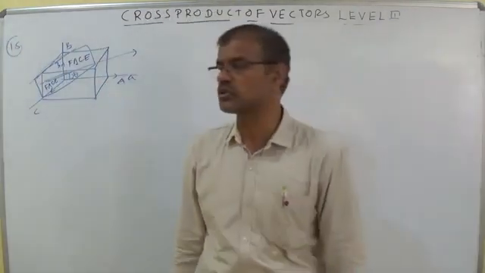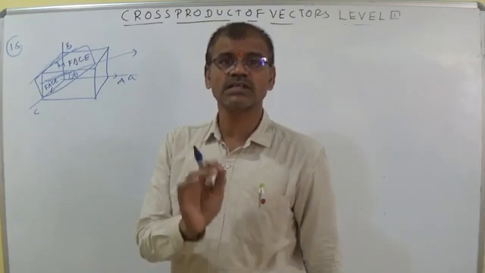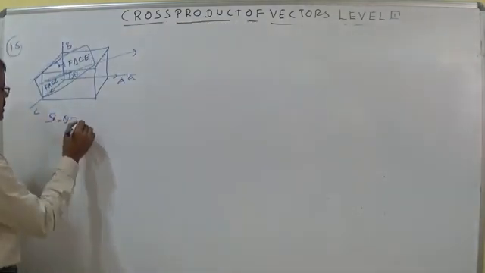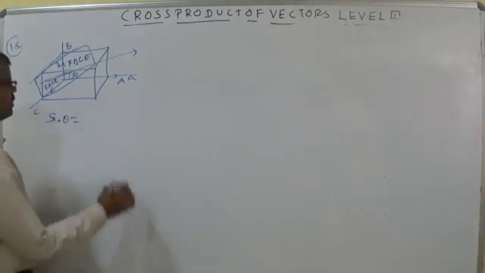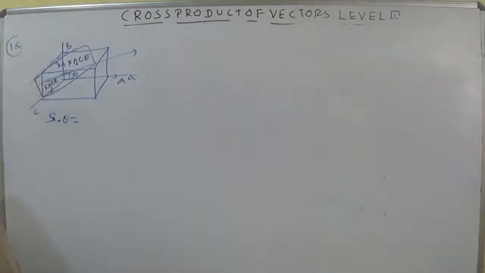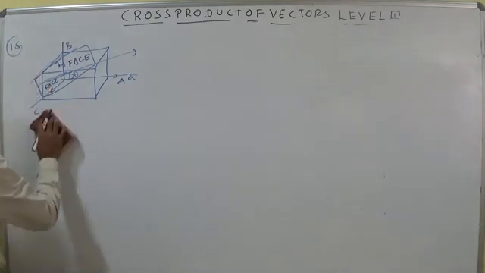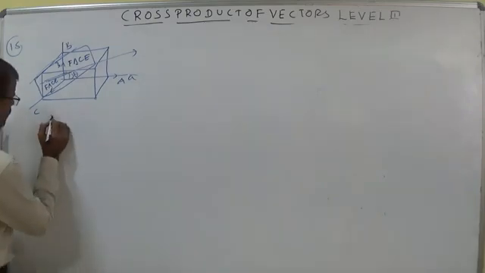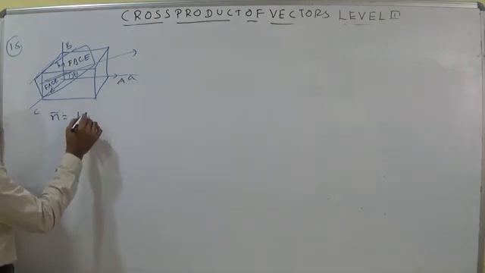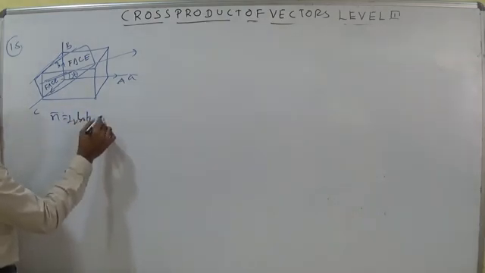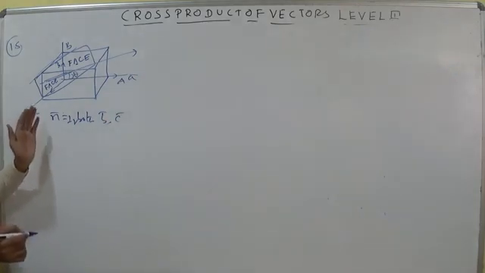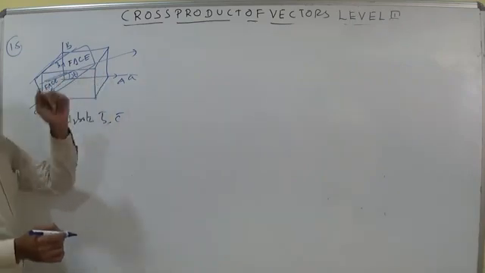So for the normal you should calculate, and use the formula sin theta for the angle between the plane and the line. Now I am writing the unit normal vector n bar, which is perpendicular to both B bar and C bar. Once n bar is there, you should calculate the angle between n bar and the A bar.